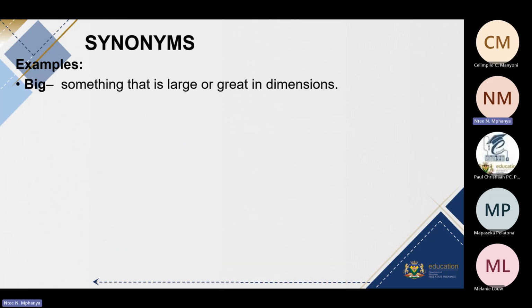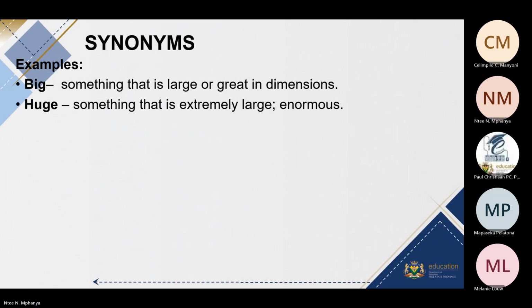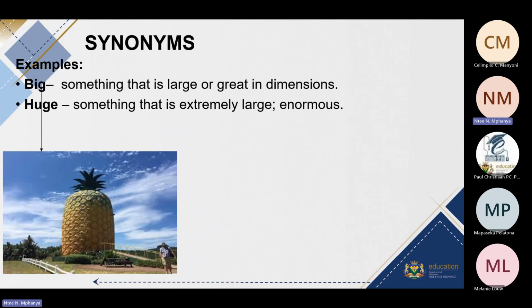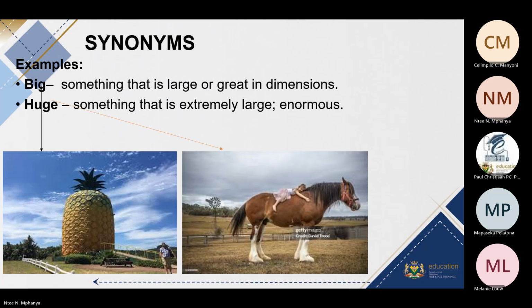Another example, big, something that is large or great in dimensions. And huge, something that is extremely large and enormous. Look at that pineapple. It is big. Look at the dimension. And this horse, it reminds me of Boxer in Animal Farm.